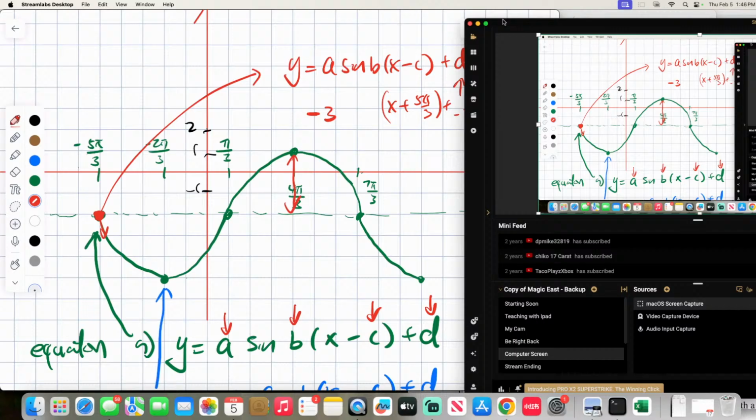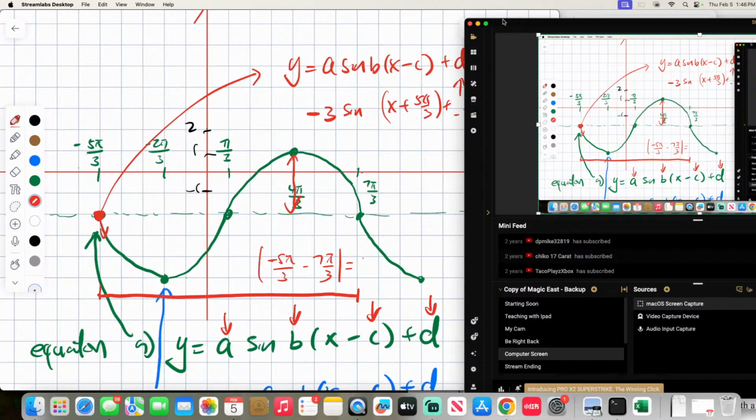Now the hardest part is the B. The B is basically to tell from here all the way to here. Okay, from here to here. What's the distance for that? -5 pi over 3 to 7 pi over 3 is what? So it'd be -5 pi over 3 minus 7 pi over 3, absolute value of that.